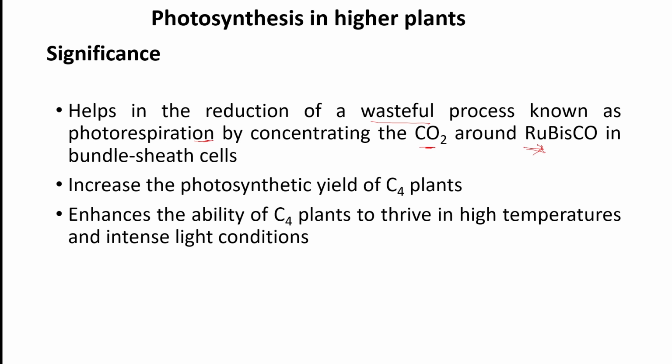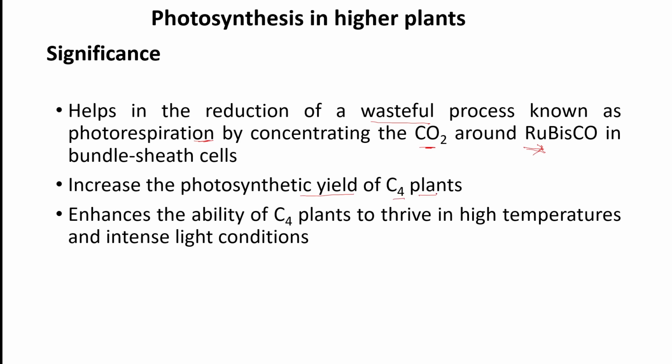There is high concentration of carbon dioxide, less concentration of oxygen, and Rubisco binds to carbon dioxide and goes into the C3 cycle, and it gets fixed into organic molecules such as glucose.